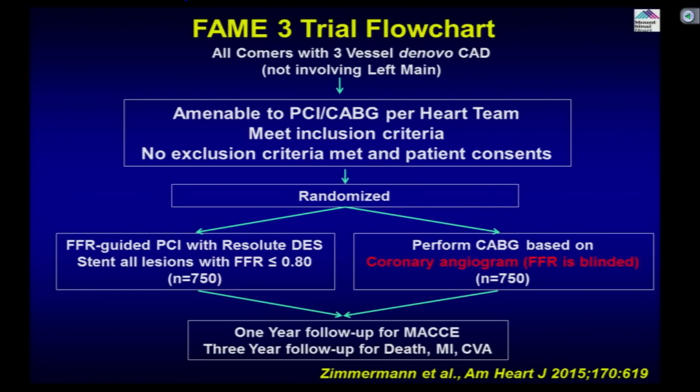It's a 1500 patient trial, and patients in the PCI group will all get the Resolute stent with FFR guidance, but the CABG group is angiographic guided. FFR is done in these patients, but the surgeon will be blinded to the FFR finding and will do the bypass as they wish, because surgeons so far have not come to agreement that FFR should be used during CABG.